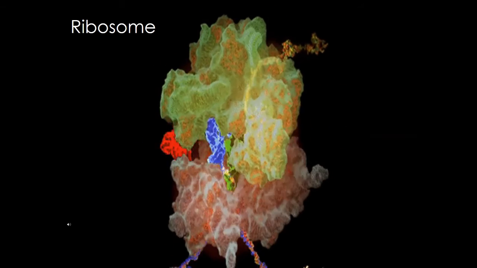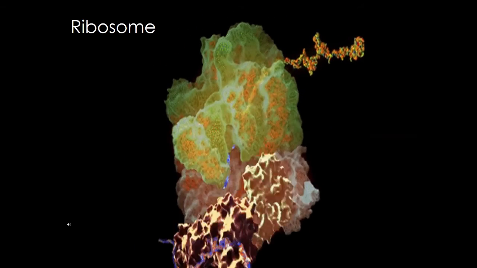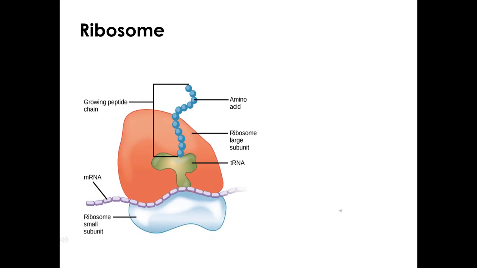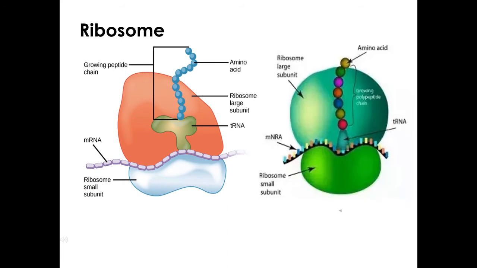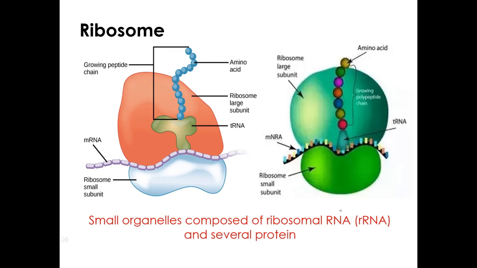The next part is ribosomes. A ribosome is a small organelle composed of ribosomal RNA, abbreviated as rRNA, and several proteins.